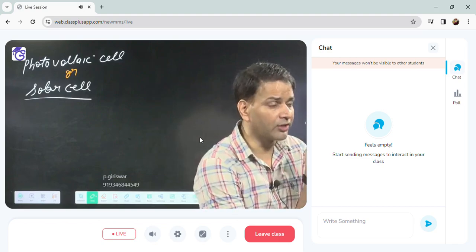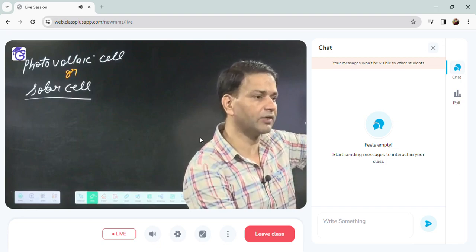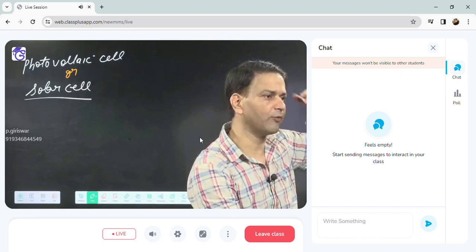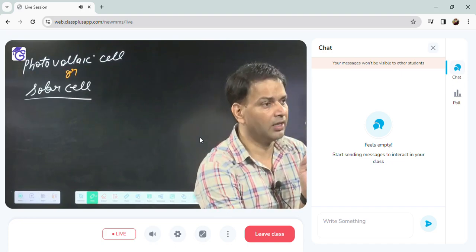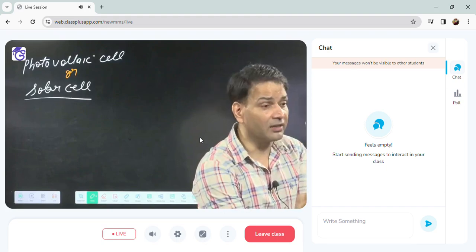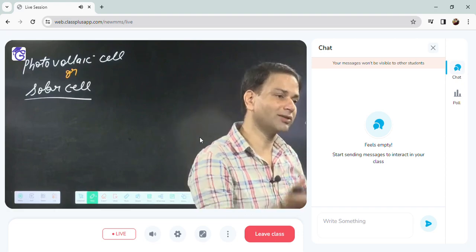Remember, listen carefully now. Its working and everything is the same as a photodiode. A photodiode absorbs the photon, and it will also absorb the photon. So the working and everything is the same, only one difference is there. A photodiode works in reverse bias, but this is a cell. We are using it as a cell, so we don't need an external cell for the cell to behave like a cell.